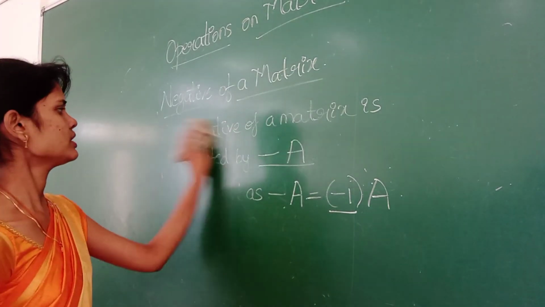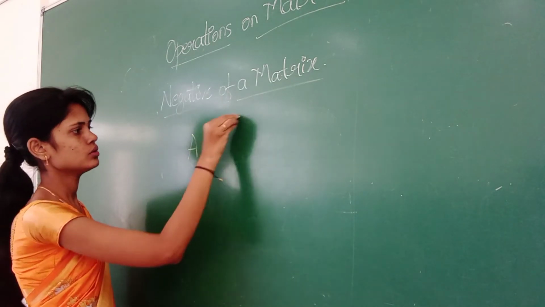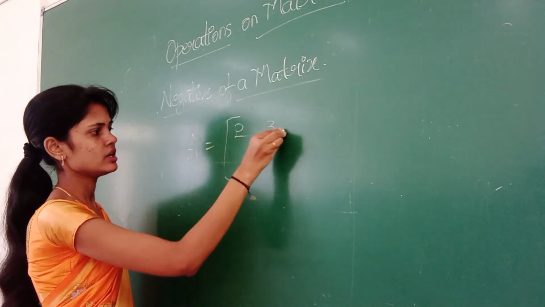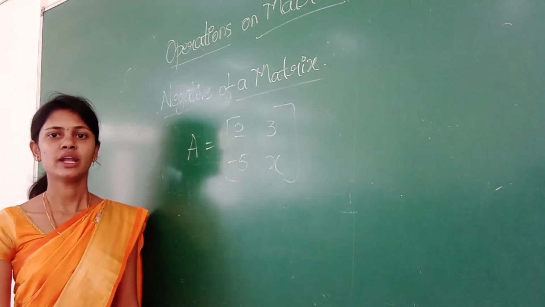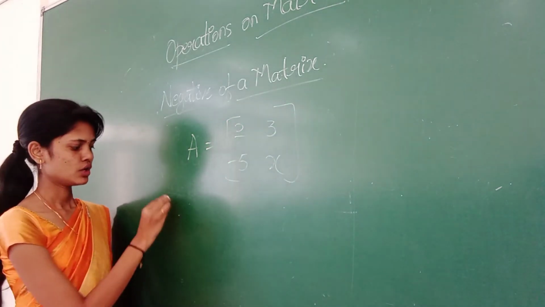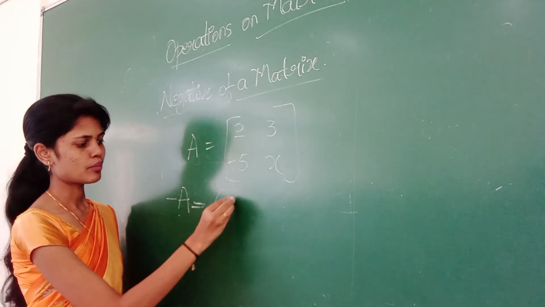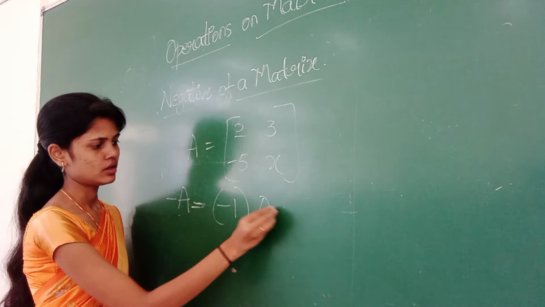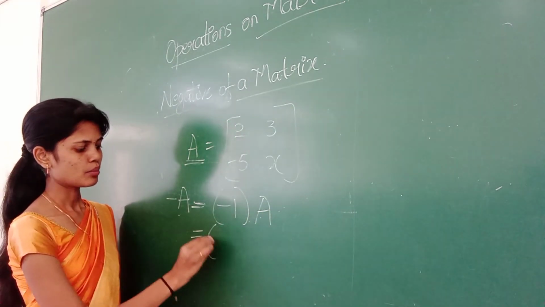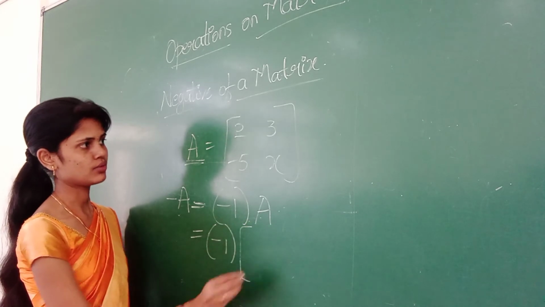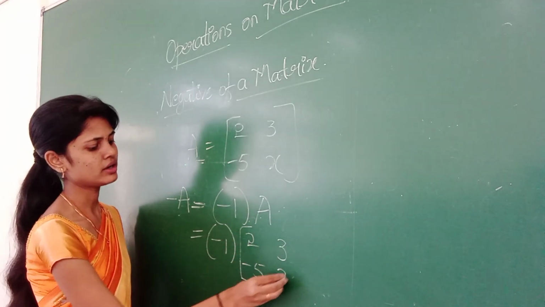See, if you consider one matrix A is equal to 2, 3, minus 5, x. So you have to write the negative of this matrix. So negative of this matrix is what? Minus A is equal to minus 1 into A. So what is A here? It is the given matrix. So minus 1 into the given matrix, it is 2, 3, minus 5 and x.